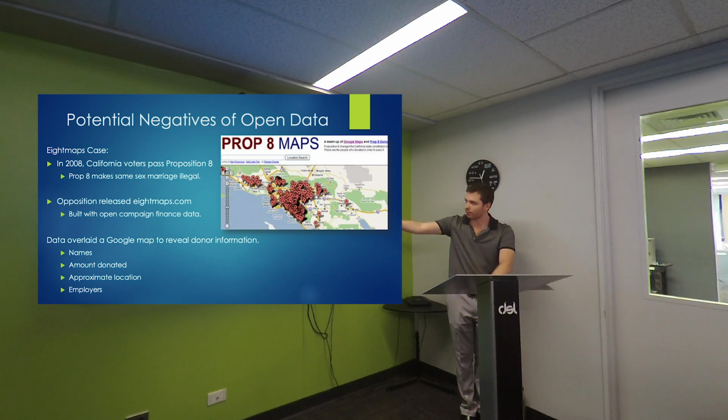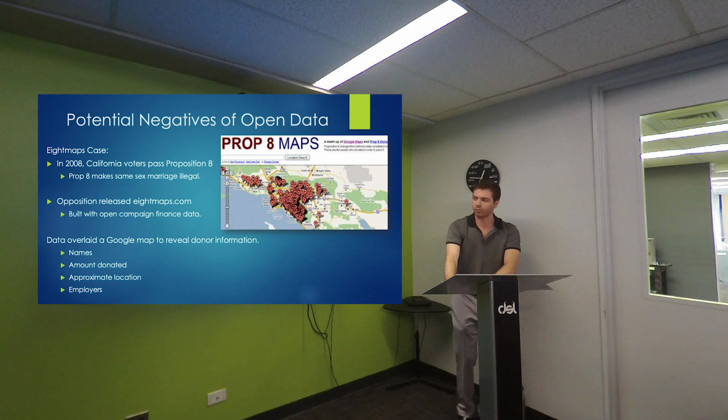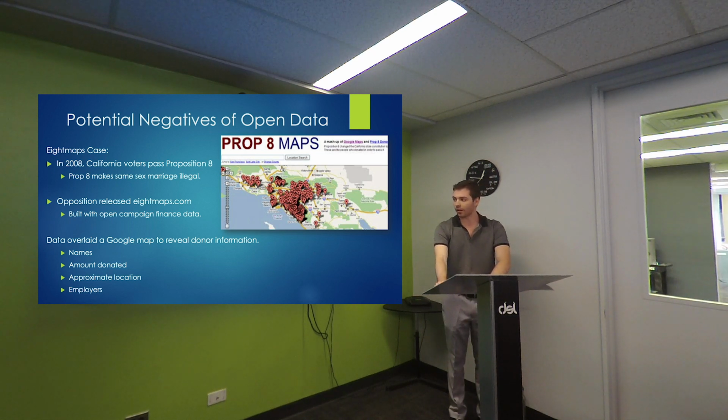So here we have a map of the Los Angeles area that shows the approximate locations of people who donated to this act, and even though in the year 2018 we might consider making same-sex marriage illegal kind of socially repulsive, it's still not right to be putting people's personal information on the internet like that.